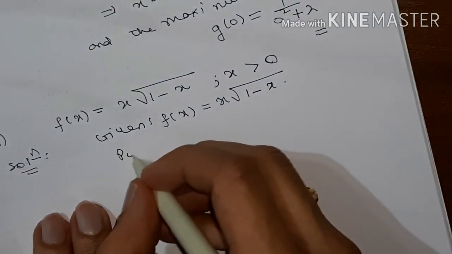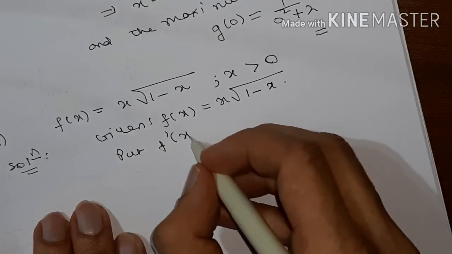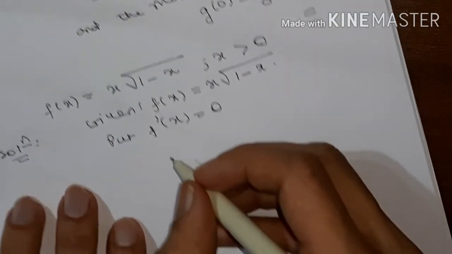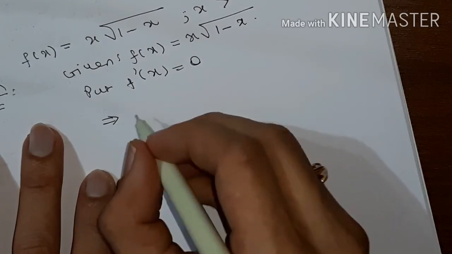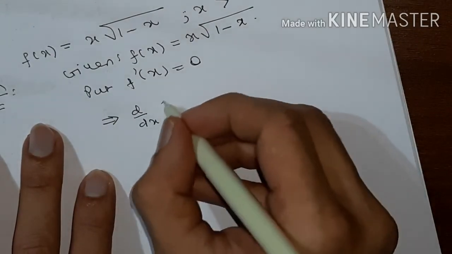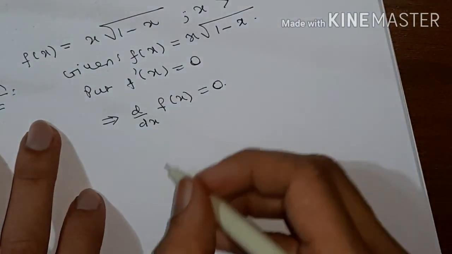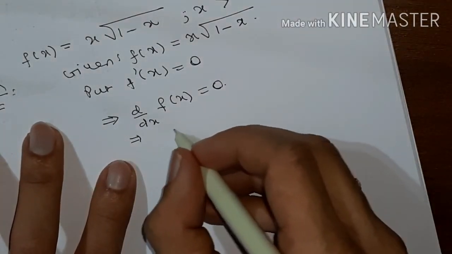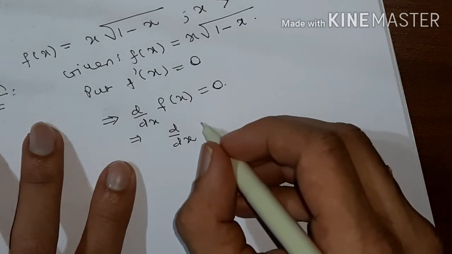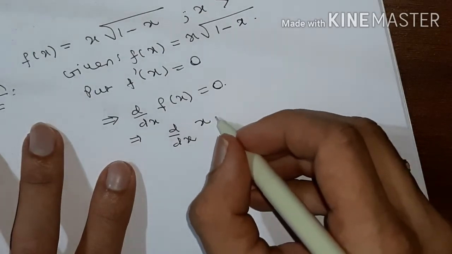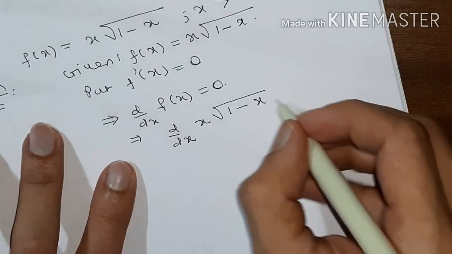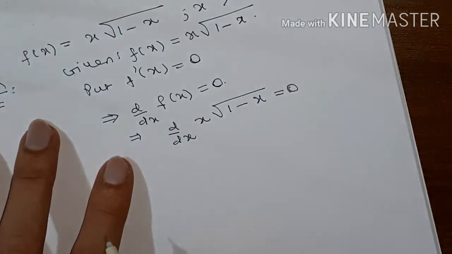Okay, then what? Put f prime of x equal to 0, right? So that means d by dx of f(x) is equal to 0. So that means d by dx of x root of 1 minus x is 0, right?